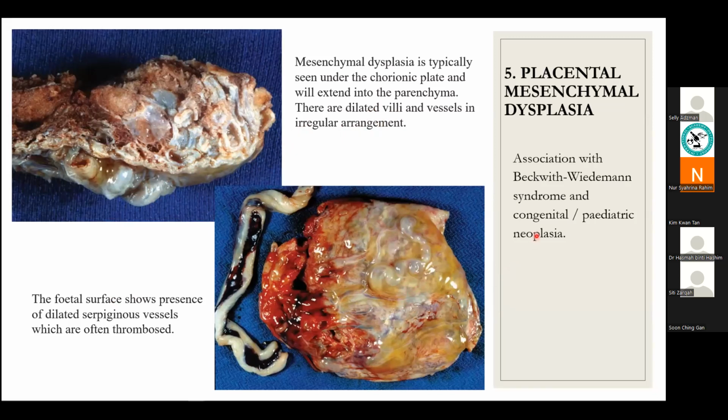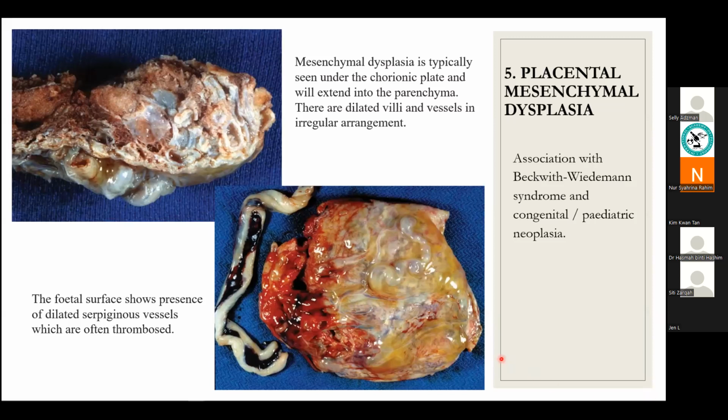What we need to be aware of is the strong association with Beckwith-Wiedemann syndrome. What is Beckwith-Wiedemann syndrome? It is a disorder of the child, in which sometimes the child has hemihyperplasia of the body, an abdominal wall defect at birth, an abnormally large tongue or abnormally large abdominal organs, and is also strongly associated with Wilms tumor, rhabdomyosarcoma, and hepatoblastoma.